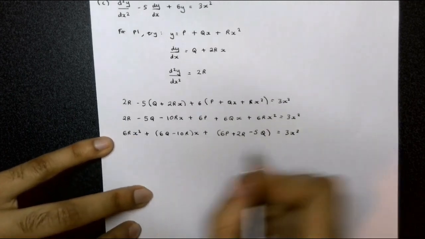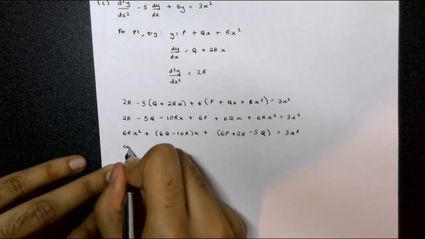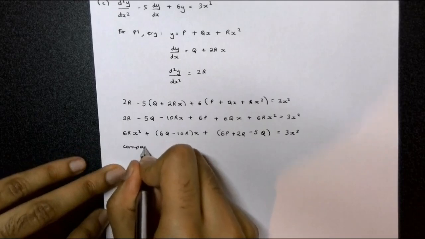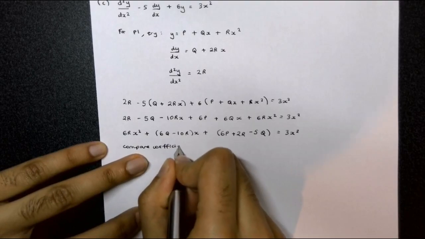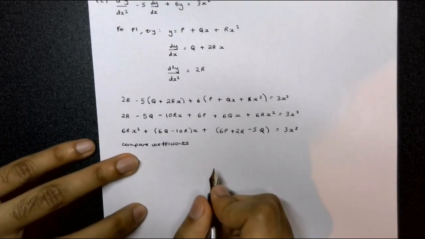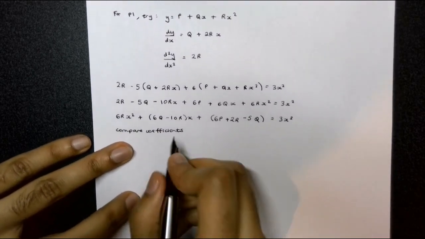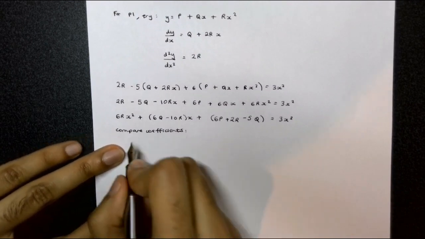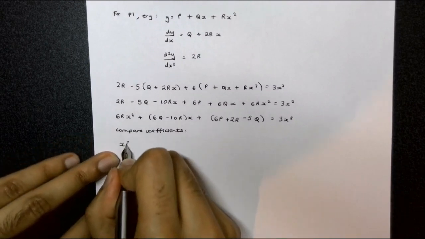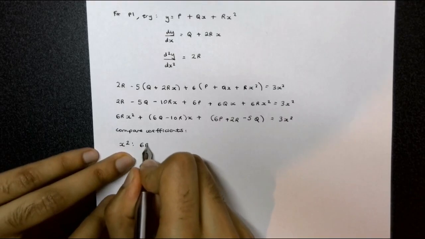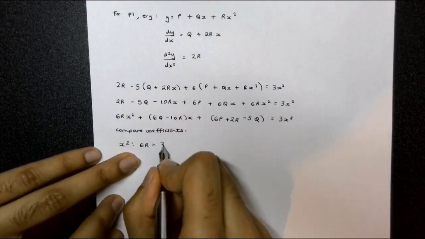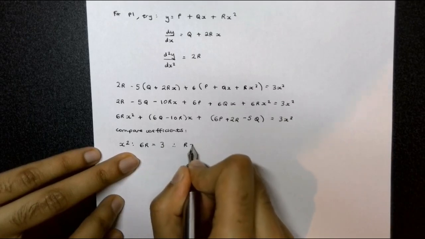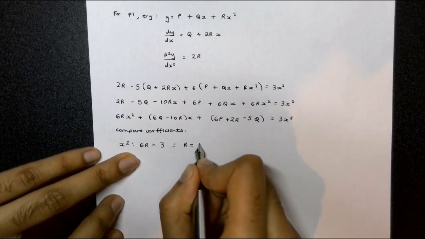We can now compare coefficients. Let's just write this down. We will now compare coefficients. So if we compare the x squareds, we have 6r on the left hand side. On the right hand side we've got 3 of them. So therefore r is equal to 1/2.